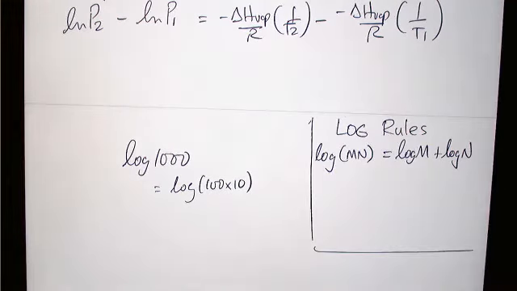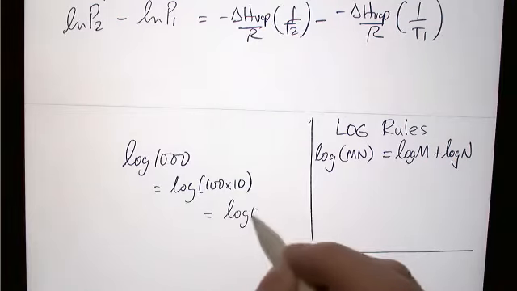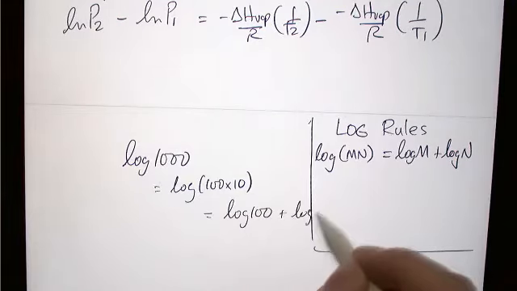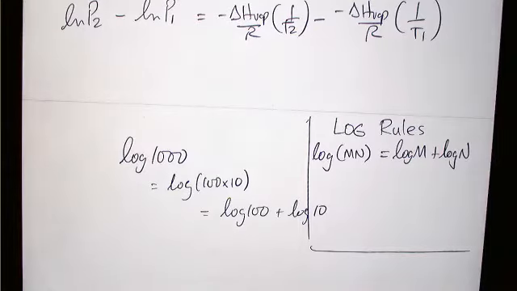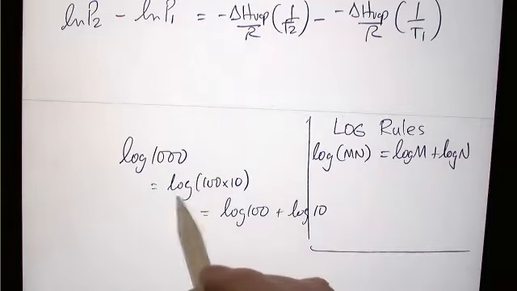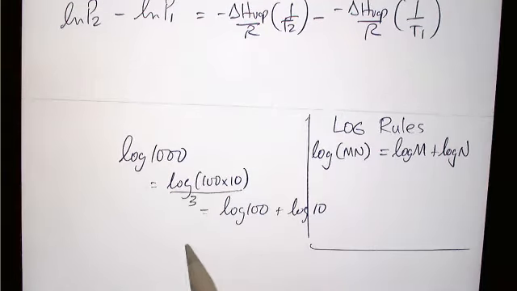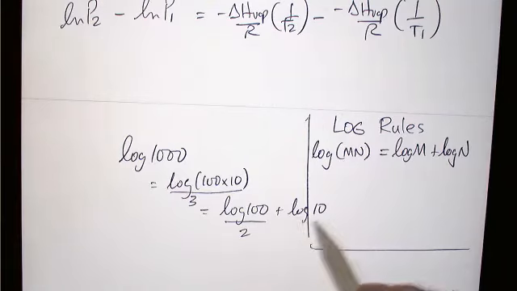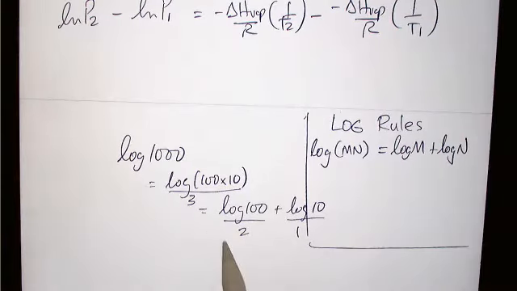According to this rule, that should equal the log of 100 plus the log of 10. When I write log, the base is 10. So the log of 1,000 is 3. The log of 100 is 2, because 10 squared is 100. And the log of 10 is 1, because 10 to the 1 is 10. 3 is equal to 2 plus 1. So that rule works, right?